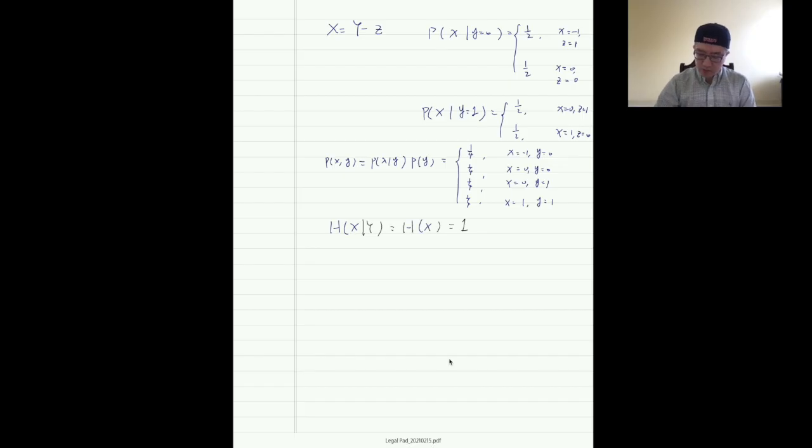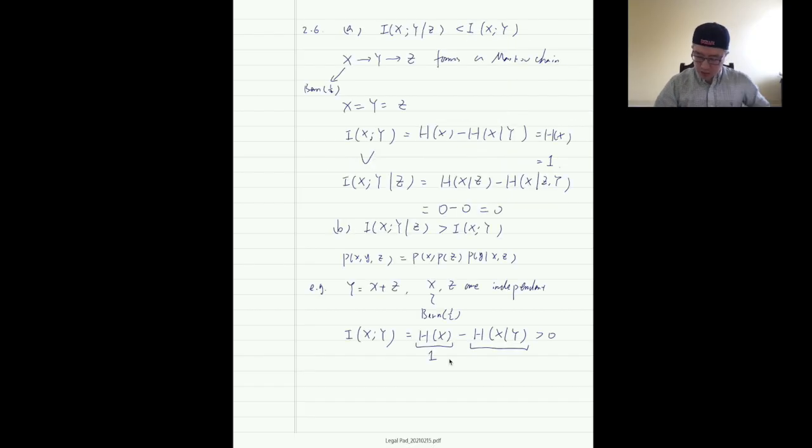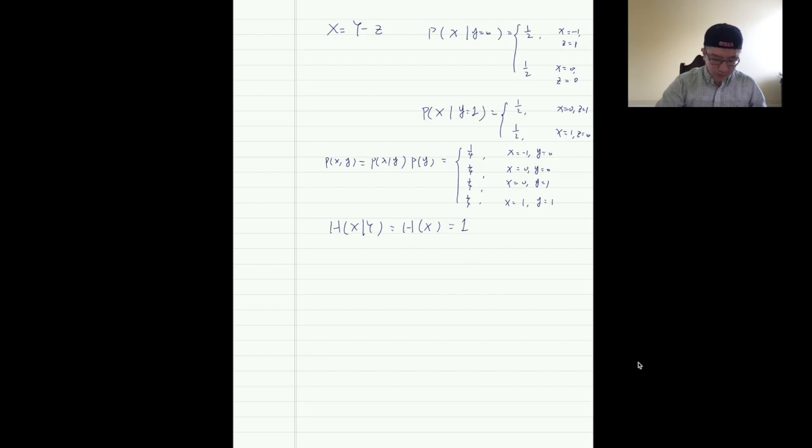Okay, and in this case, because what we want is that this guy is bigger than this guy, what we want is basically this guy is as small as possible, which is the case, right? This guy is nothing but 0. Okay, very good. All right, so this is the one part, and for the other part, which is the mutual information between x and y given z, right? This is relatively straightforward, right?